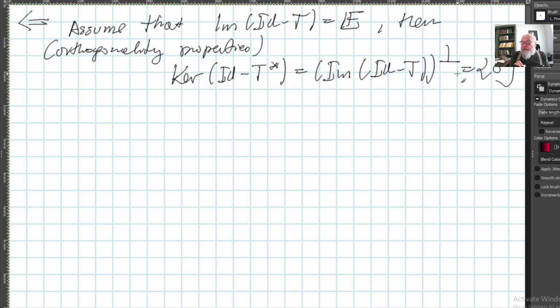So you are getting here that this one is 0.